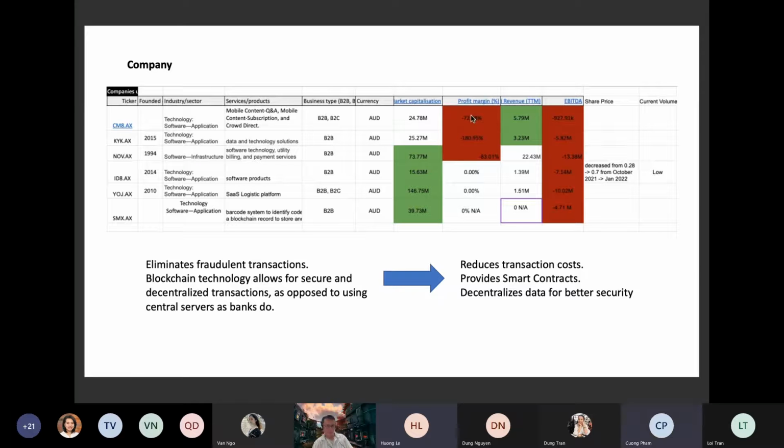As you said before, we were concerned about the profit margin because it was negative or 0%. But then, like you said, because the technology is new, the profit margin will be negative. Of course that's for a younger company, and blockchain is a new technology. So I think that's the reason why for these top 2 companies the profit margin is really super low.